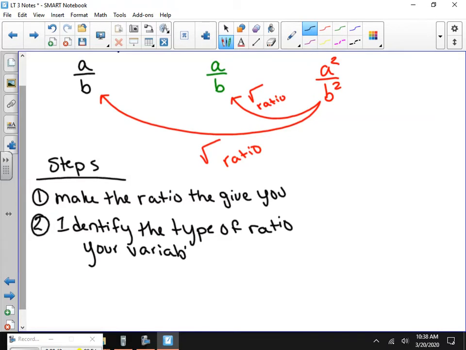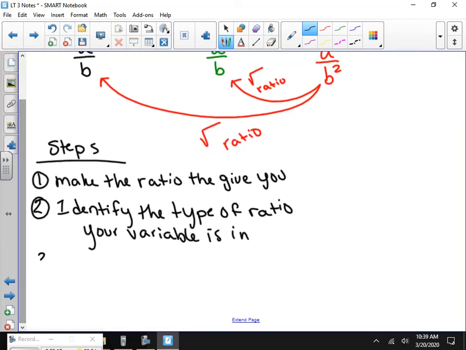So if they want me to find the area, then my variable is the area, which means the type of ratio I need is the area ratio. If my variable is a side, they want me to find a side length, then I need the side ratio. After step 2, step 3: you're going to convert the given ratio to the type of ratio your variable is in, the one that you identified.